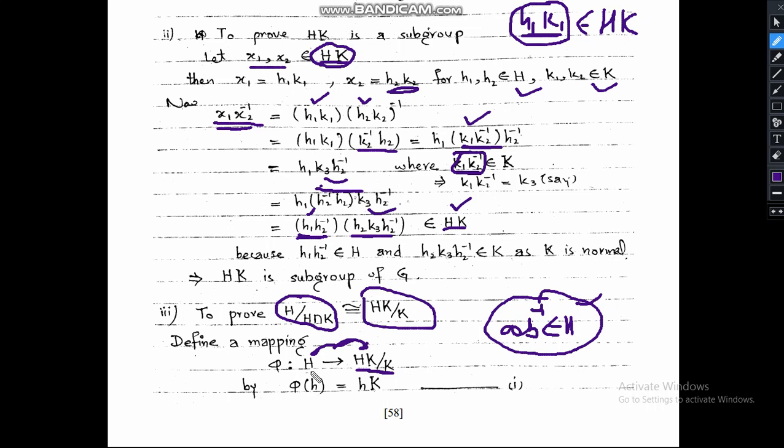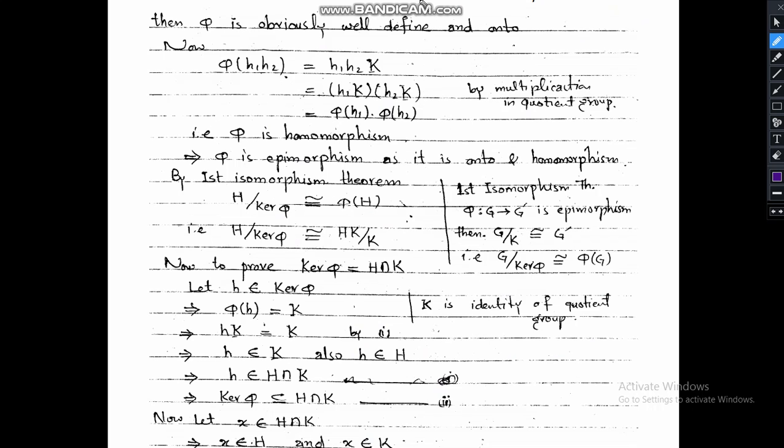So what will be the nature of the set H? We will take the small h1, h2 and so on. So here we are taking the element H and we are applying the mapping phi on that element, and the resultant will be of the type HK by using this property. So this is our first property. So here we can say that the mapping phi is well defined, and this is onto also.